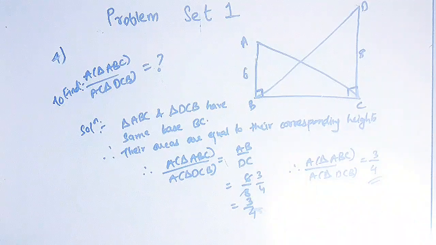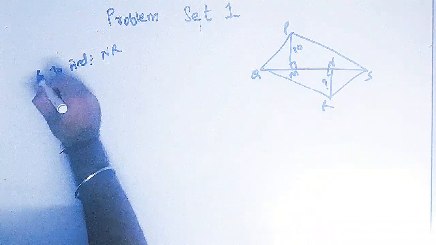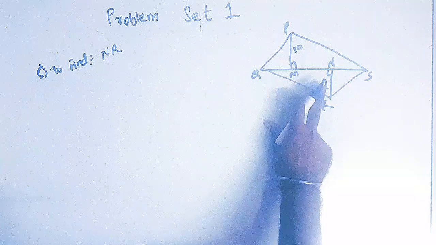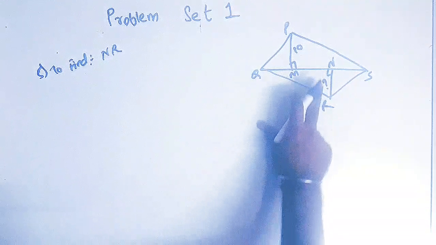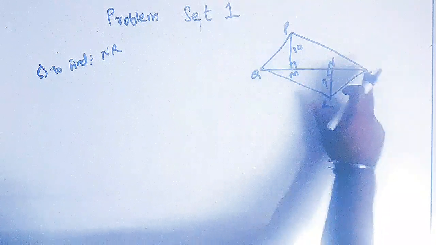Okay, then let us move on to fifth one. Question number 5, we are asked to find NR. You can see NR is the height of this triangle, PM is the height of this triangle.